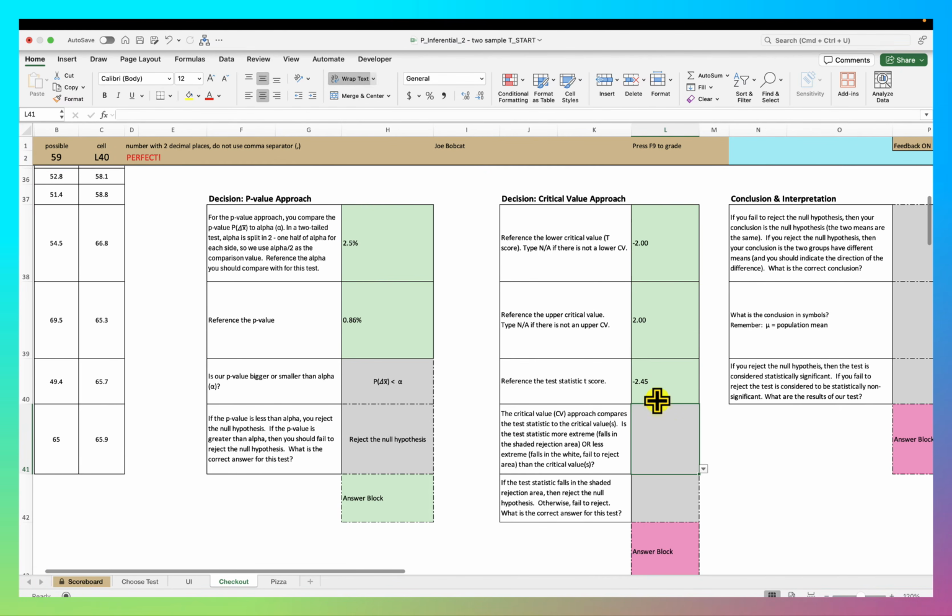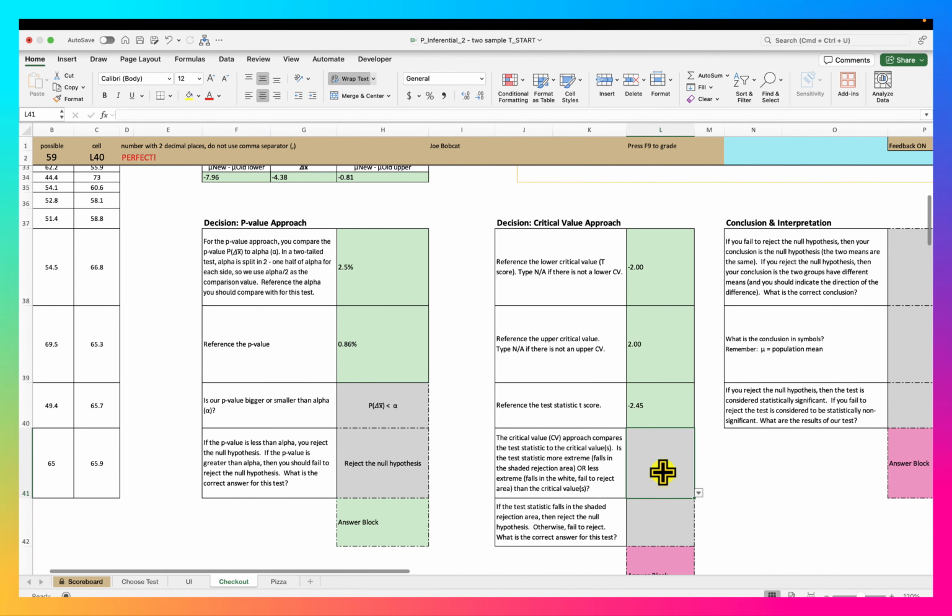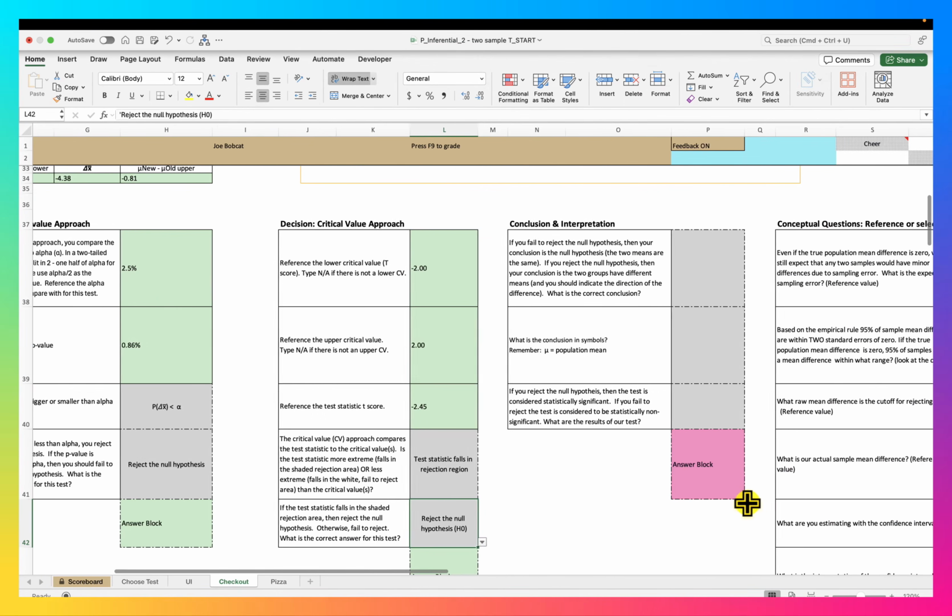And you can see that here, t-score more extreme than the lower t-score. So we're in the rejection area. So we reject the null.